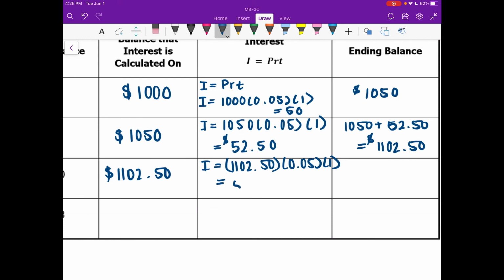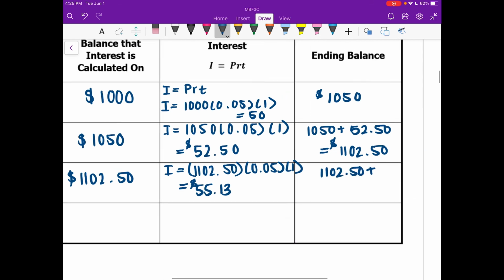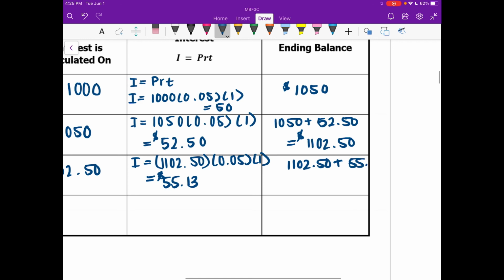And you should get 55.13. Notice how now there's more money being invested, right? So now you're going to do 1102.50 because that's your new principal plus 55.13, and you're going to have 1157.63.